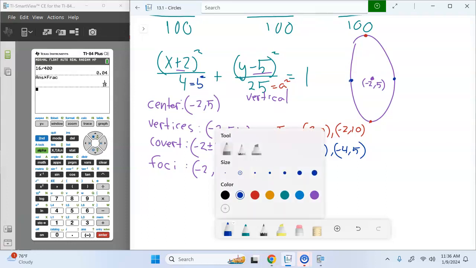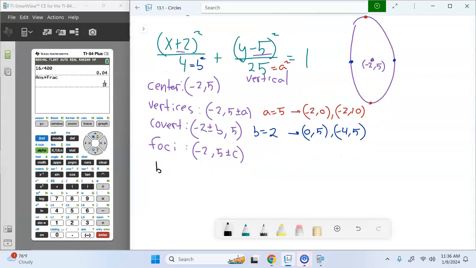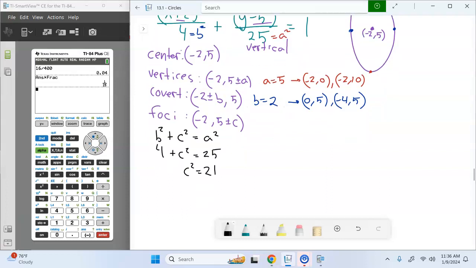And what do we use to solve for C? B squared plus C squared equals A squared. B squared is 4, A squared is 25, so C squared is 21. Now, last time we found C was a nice pretty integer. Can I square root 21?